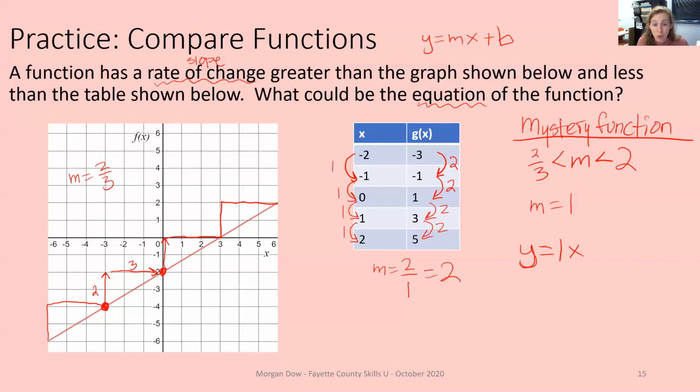Because we just want to know what could be the equation of this function. As long as it matches the information we've been given, the rest of the stuff we can just pick what we want. So I'm going to do a slope of 1x plus 4. That's it. So this is an equation that has a slope that's greater than the slope on the graph and less than the slope on the table.